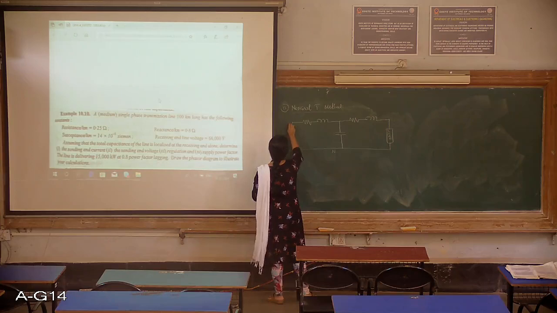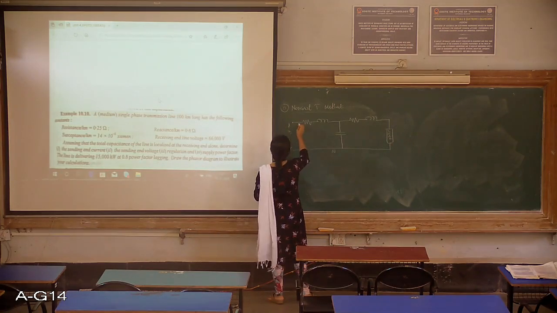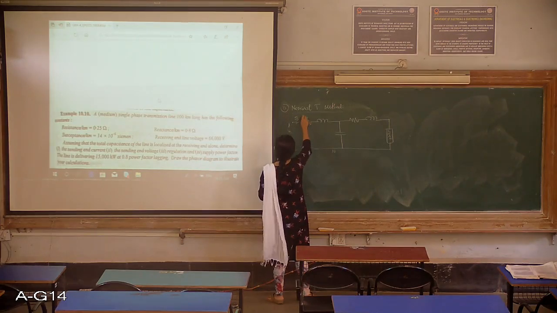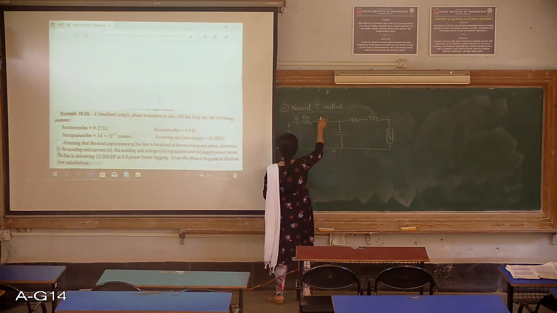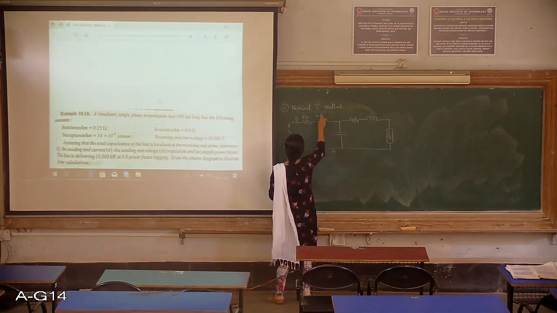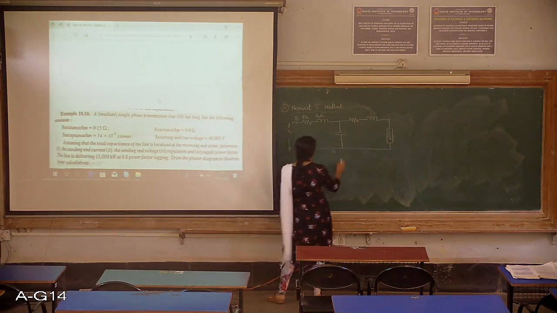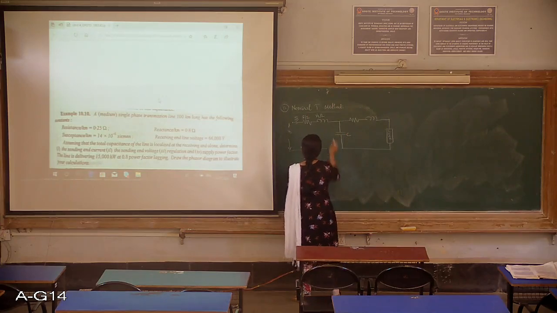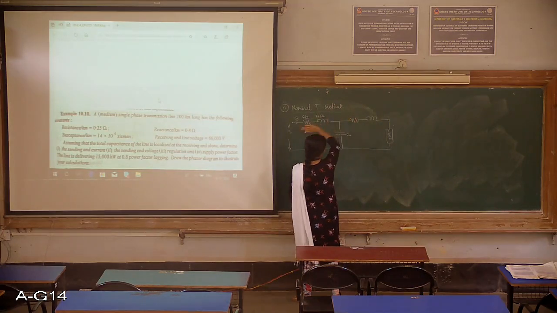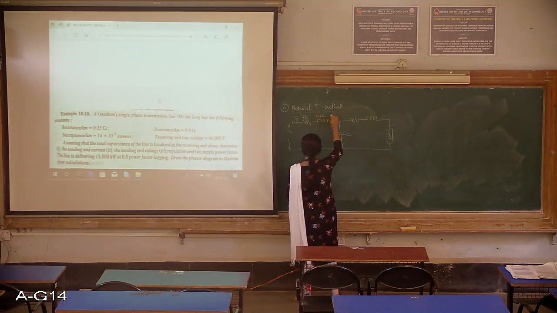Here you have the sending end voltage, then the sending end current, then we have R by 2 and XL by 2. This is the capacitance. See, now it has been divided into 2 parts, hence divide by 2.